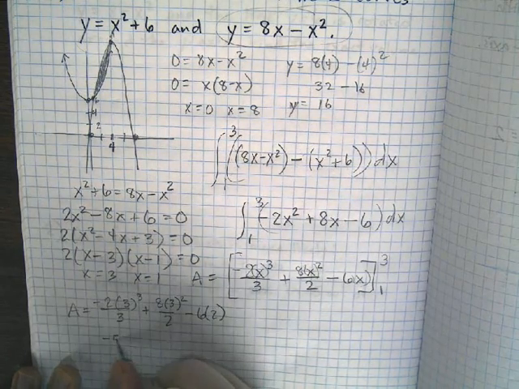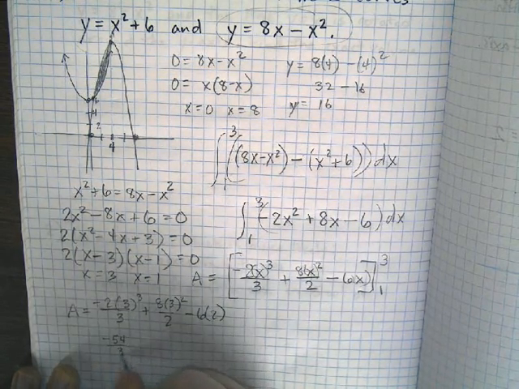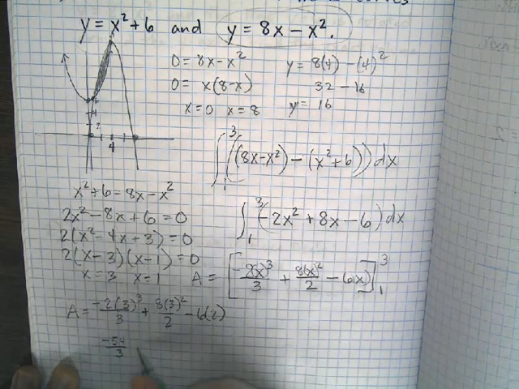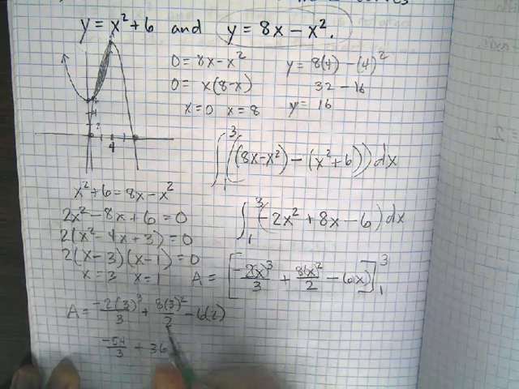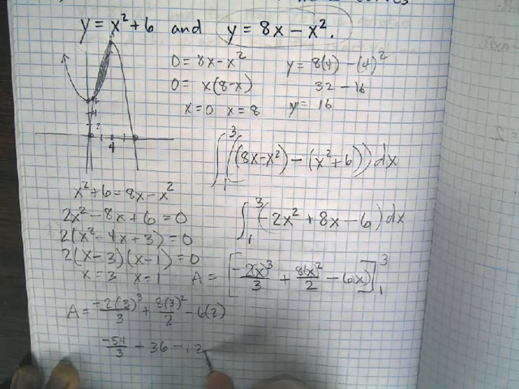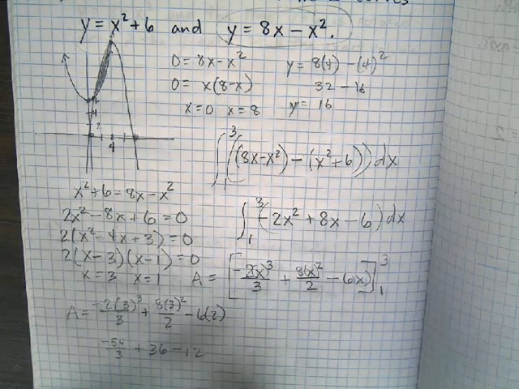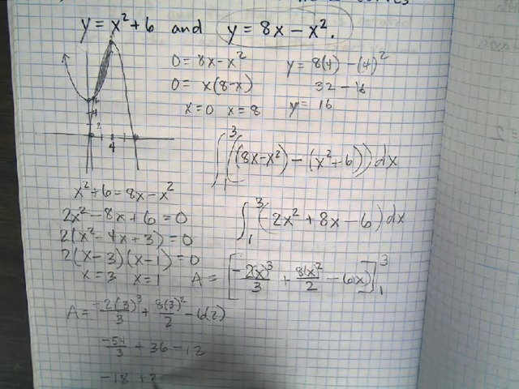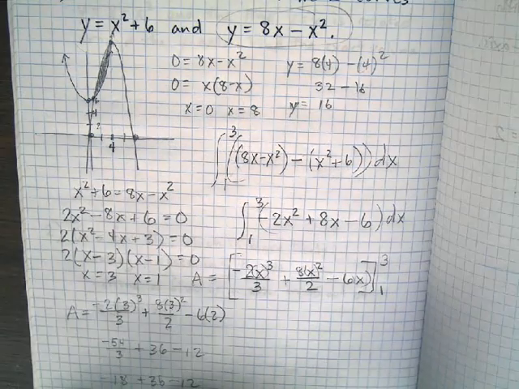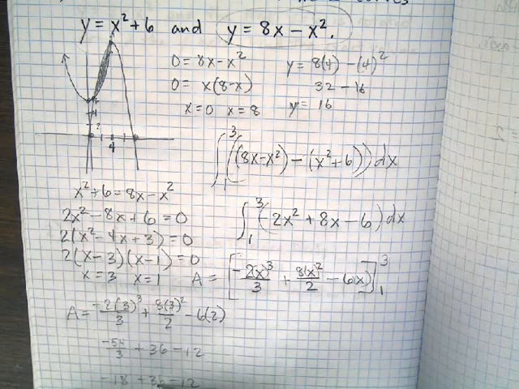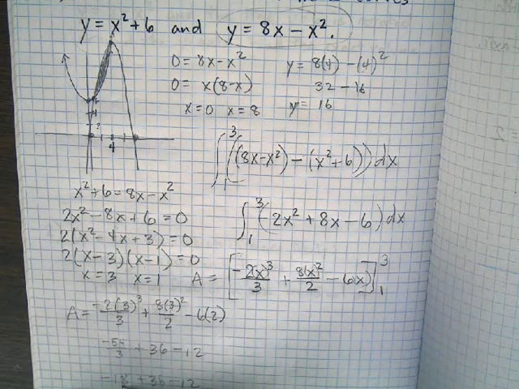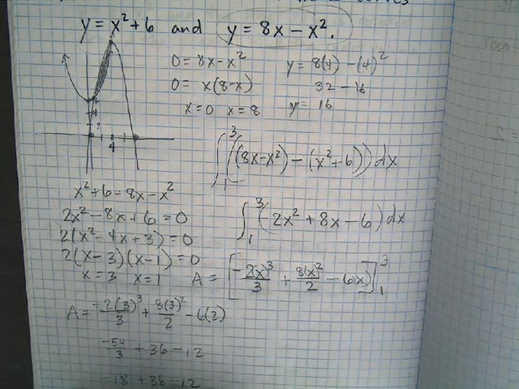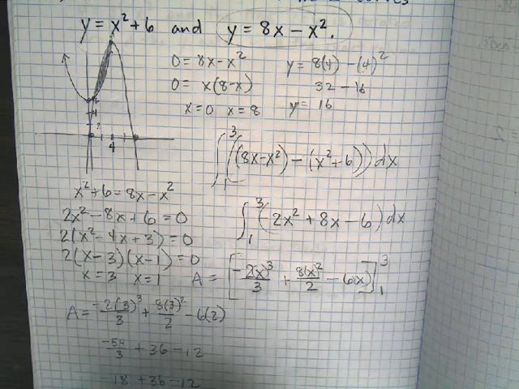Negative 54 over 3. 3 squared is 9. 9 times 4 is 36, because 8 divided by 2 is 4. Minus 12. 3 goes into 54 negative 18 times. Plus 36 minus 12. Let's see. If I add these together, I get negative 30. So negative 30 plus 36 gives me 6.